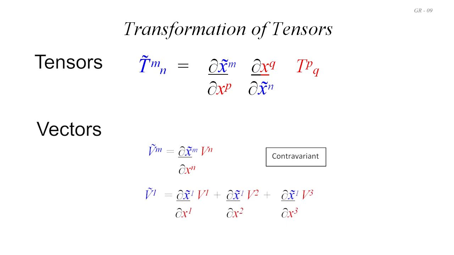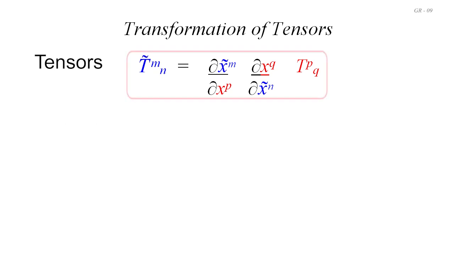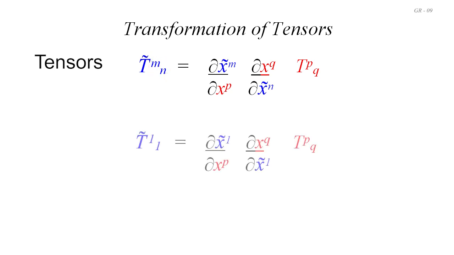And that means that in the transformation of this tensor, therefore, the calculations for each of these blue t tilde components will be quite involved. For example, if we put m and n both equal to 1, we will get the calculation for the blue t11 tilde, the one in the top left-hand corner of the result.